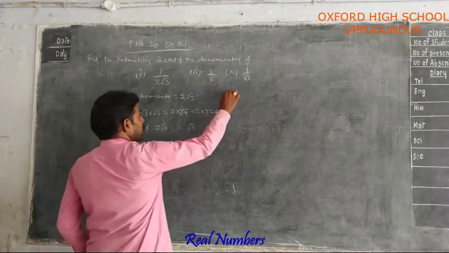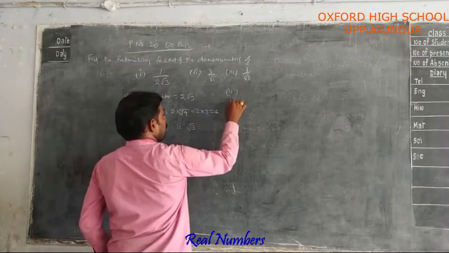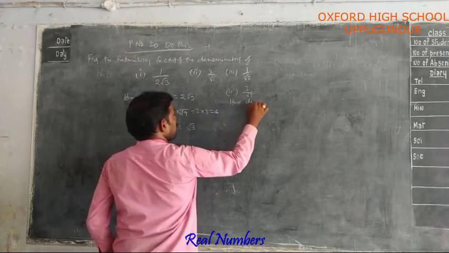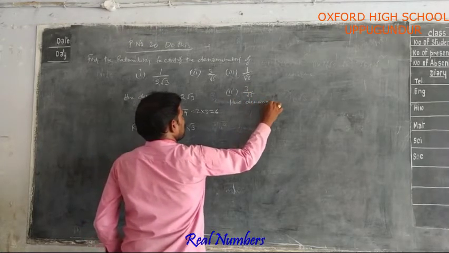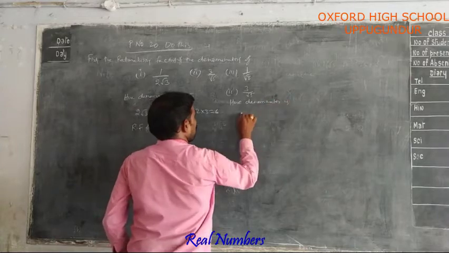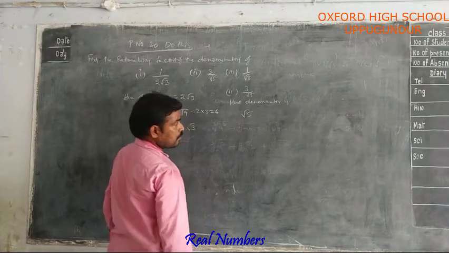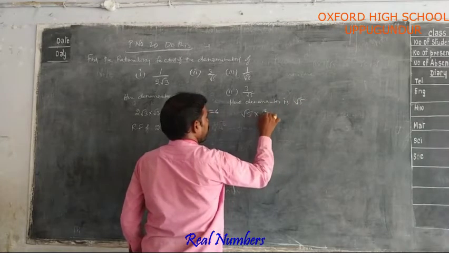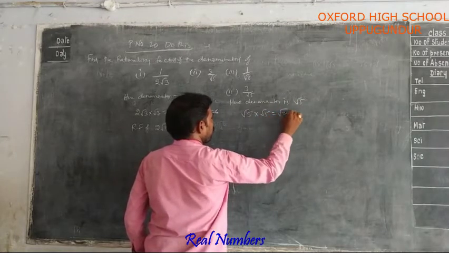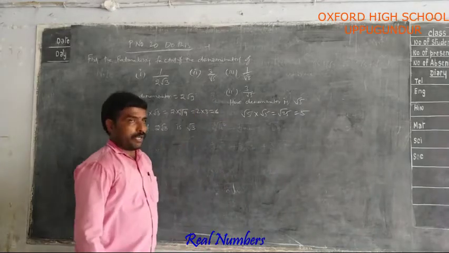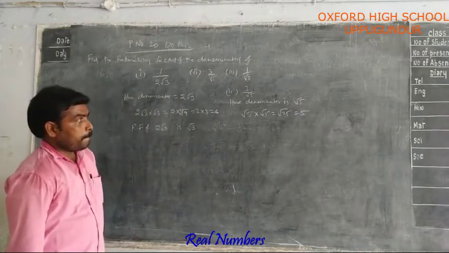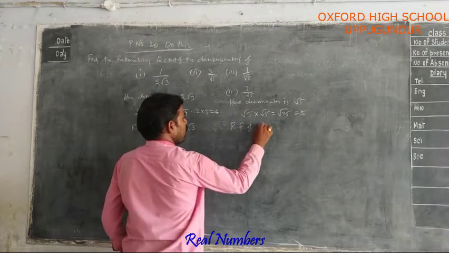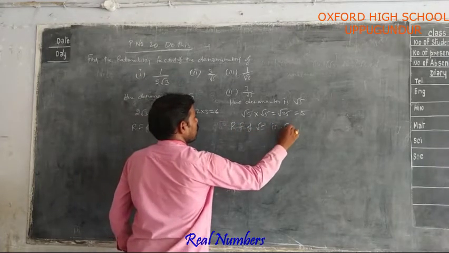Next, second one. Here 3 by root 5. Here the denominator is root 5. So root 5 into root 5, you will get root 25. Root 25 is 5. So the rationalizing factor of root 5 is root 5.